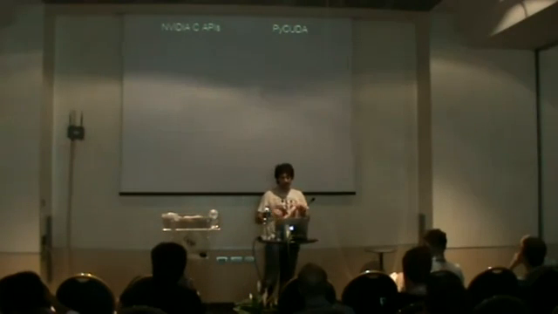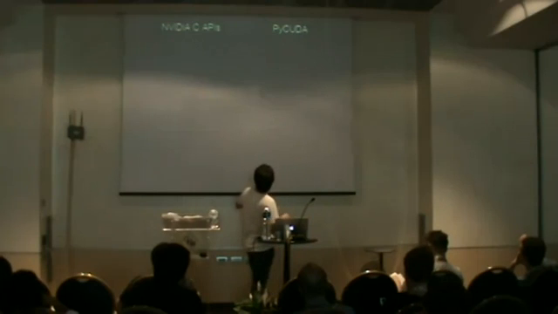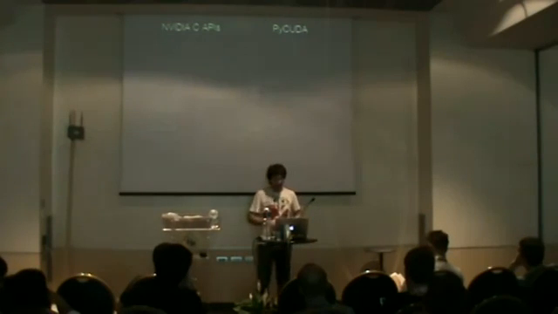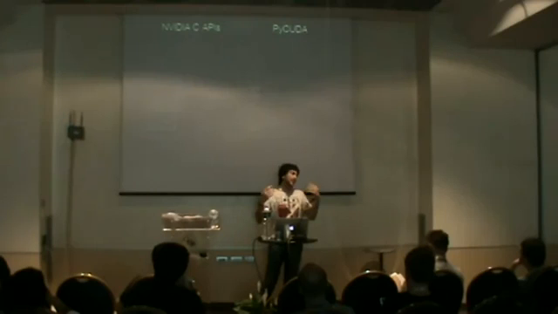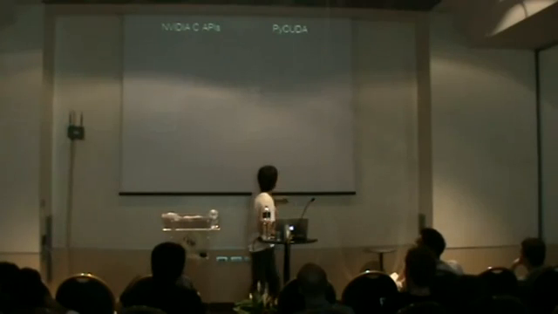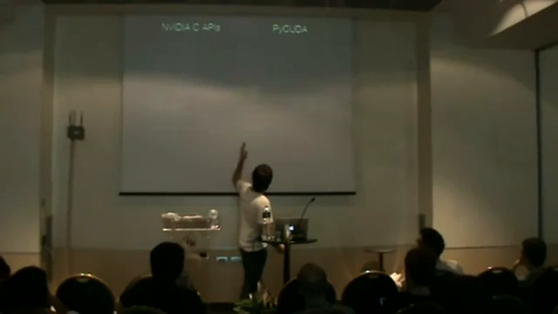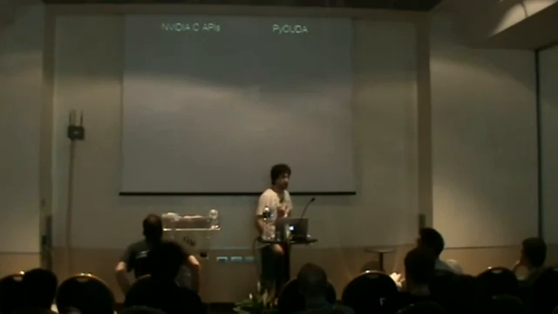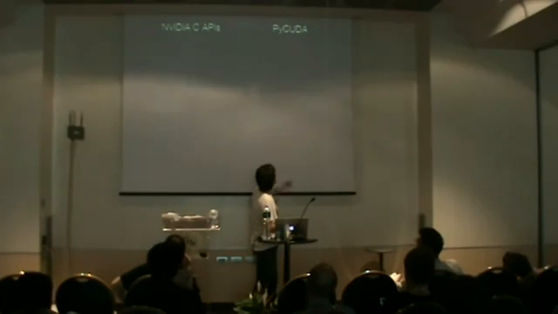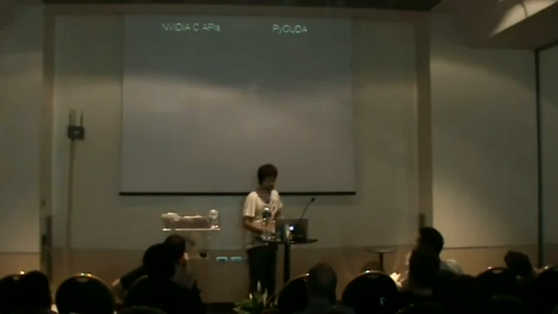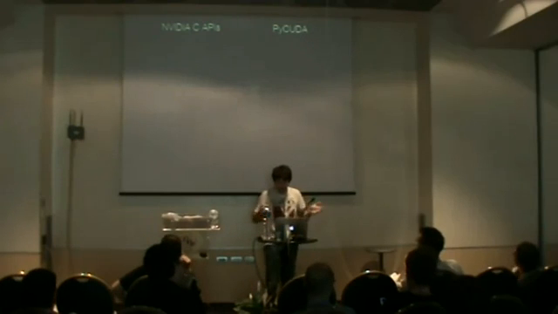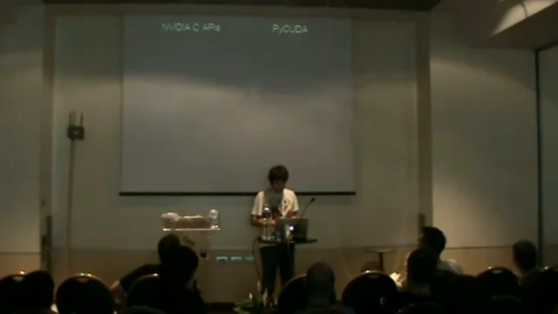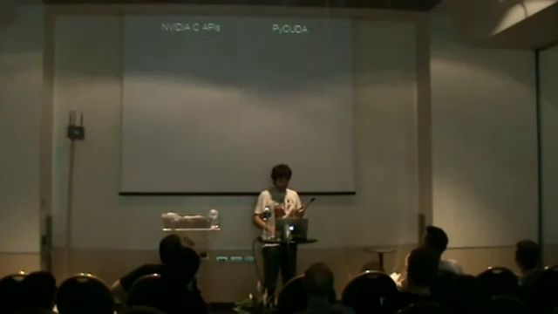There is about 50% less code in the right part, the PyCUDA program, than in the left part, the NVIDIA CAPI program. We are zooming in starting from the top.